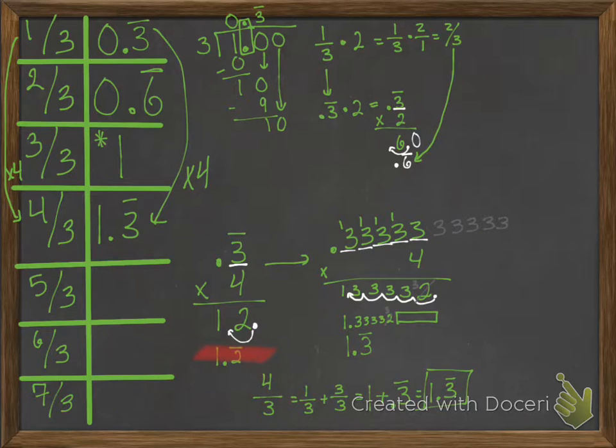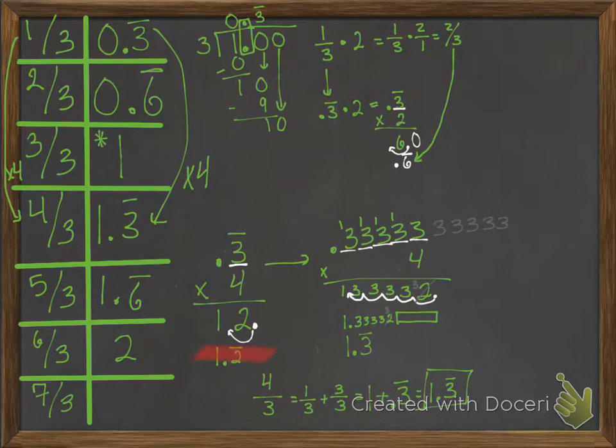So 4/3 is the same thing as 1.3 repeating, and we can use the same logic for 5/3, which is 2/3 plus 3/3, so 1 plus 2/3, and I know 2/3 is 0.6 repeating. We calculated that up here, so we can go ahead and say this is 1.6 repeating. 6 over 3 is 2, and this really ties into that question, why is 3 over 3 1, but 1/3 is 0.3 repeating, and 0.3 repeating times 3 gives me 0.9 repeating, and we'll look into that.